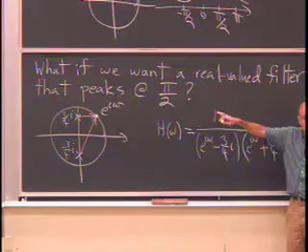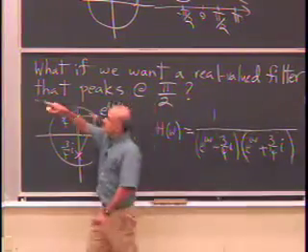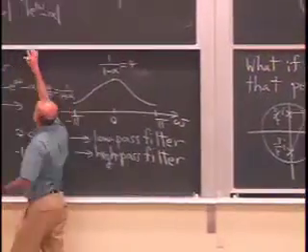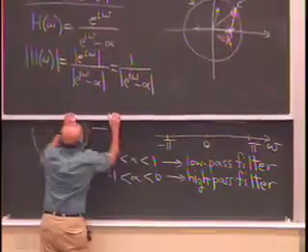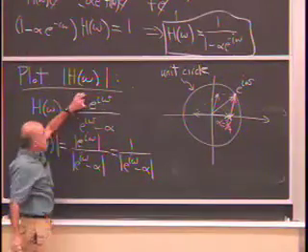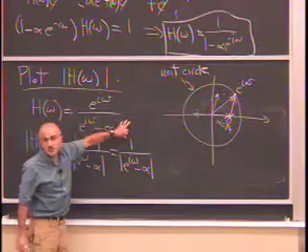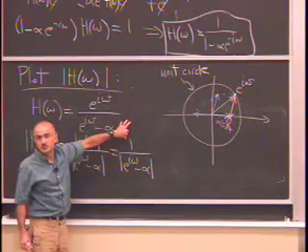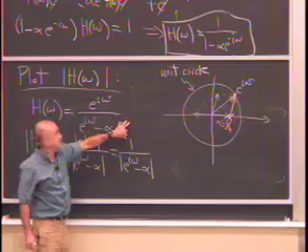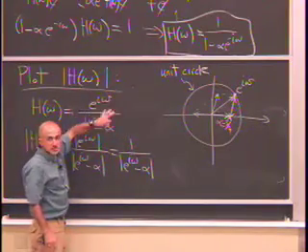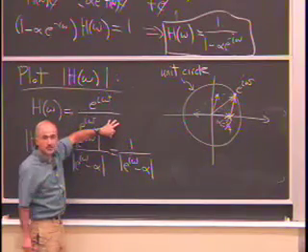I made a point about this filter having a frequency response that's of the form of a polynomial in e to the i omega over a polynomial in e to the i omega. In high school, you studied ratios of polynomials, or if not that, then certainly in your calculus class.